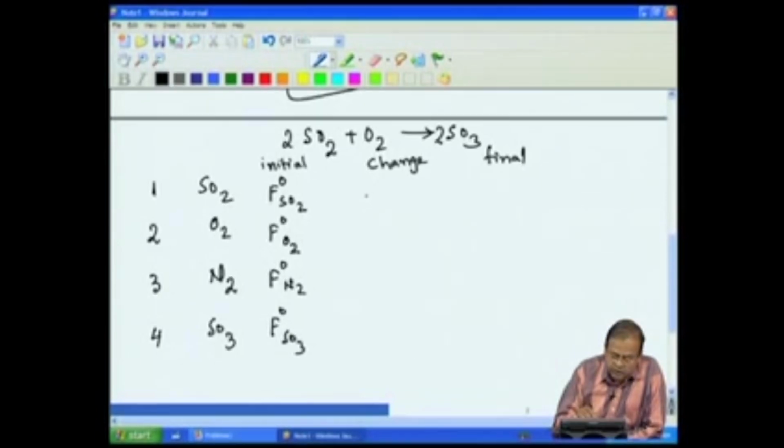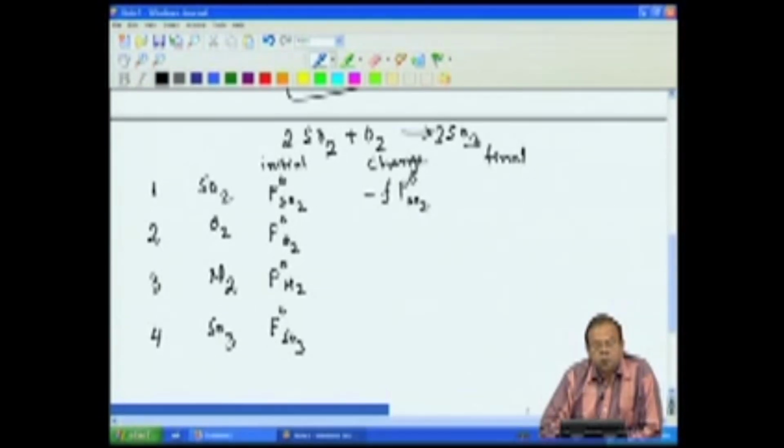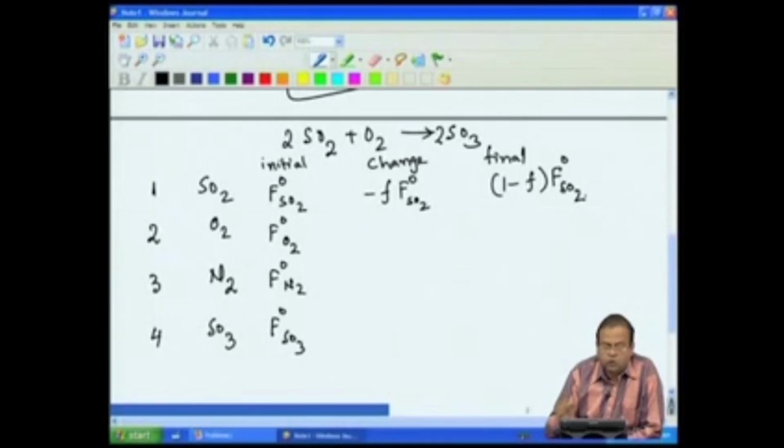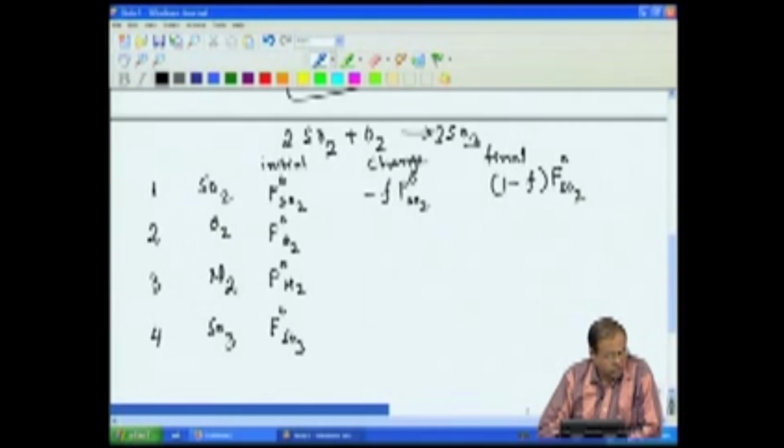So, the change is F into F naught SO2, how much has changed. So, final or whatever is remaining is 1 minus F into F naught SO2, that is, final is initial plus change.